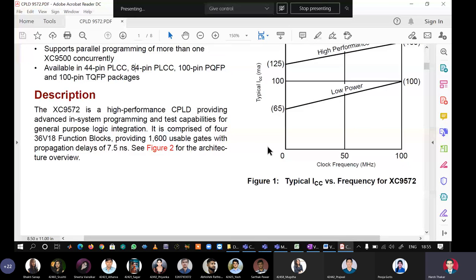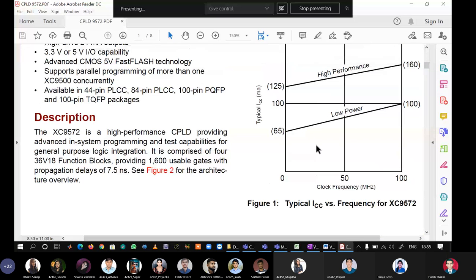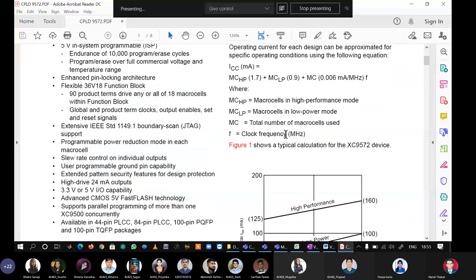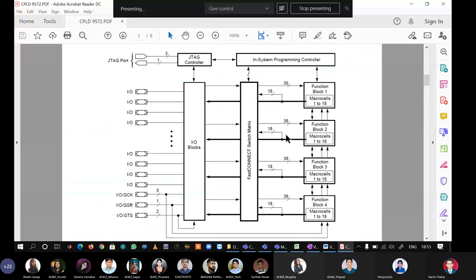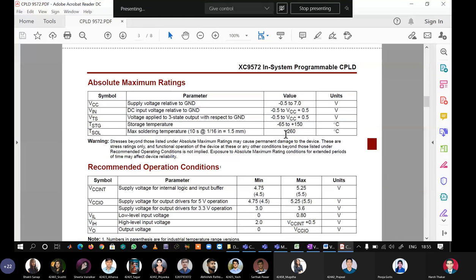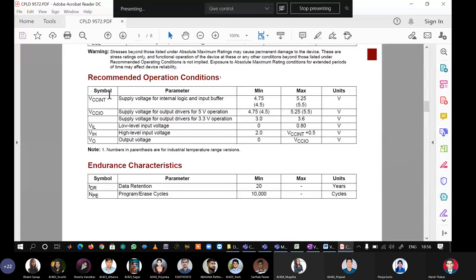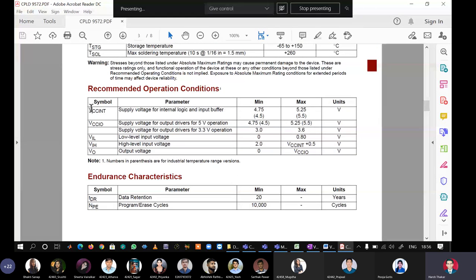ICC stands for quiescent current that is drawn from the supply. You can see that. These are some electrical ratings. We have two voltages, VCC INT and VCC IO. VCC INT is called the core voltage, the voltage which drives the logic blocks inside.